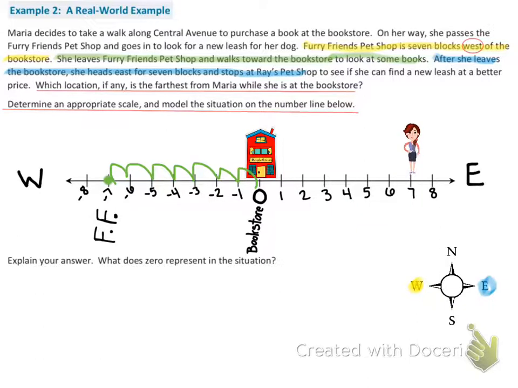That's 7 blocks. And I know that that is Ray's pet shop. So I'm going to label that right here. And again, just to be consistent with the other side, let's count 1, 2, 3, 4, 5, 6, 7. And that is Ray's pet shop. So I'm just going to label that RP for Ray's pet shop.